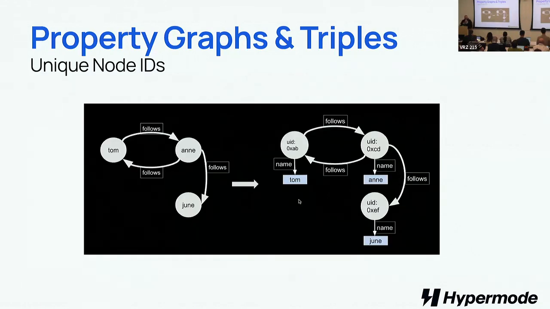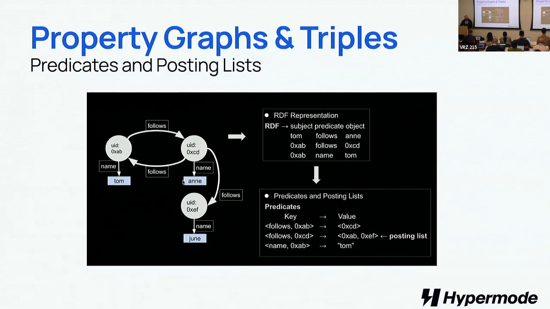The way that Dgraph bridges these two worlds, RDF and property graph, and the reason why, we'll see in a minute. If we start off with a property graph, to get this into RDF triple terms, the way that Dgraph does this under the hood, first we need a unique ID for each node. And this maps to an offset on disk in the file store. So we have very fast lookups there.